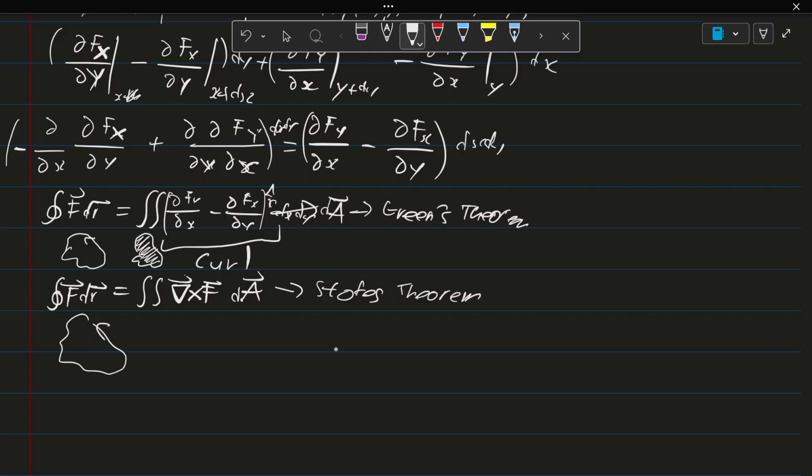Put your index finger in this direction, and then put your middle finger towards your surface. It could be any type of surface. So maybe it is straight away, something like this. And then what you would get is that the direction will go outwards, towards you. And this is your dA vector.